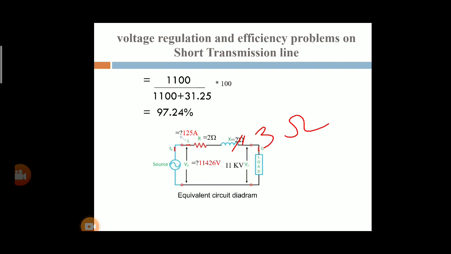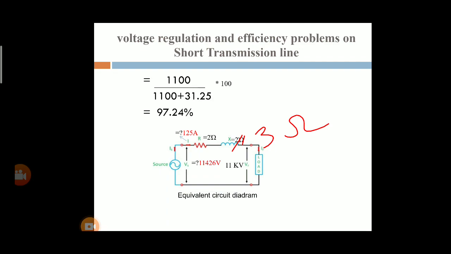In this equivalent circuit diagram we represent which parameters have to be determined and which parameters are given in the question, and the same goes for the phasor diagram.